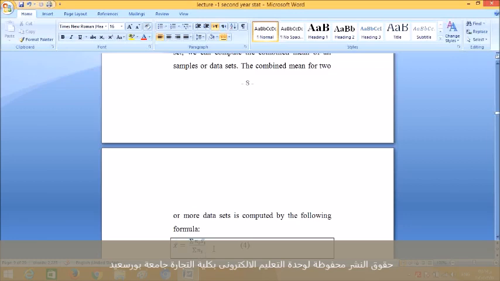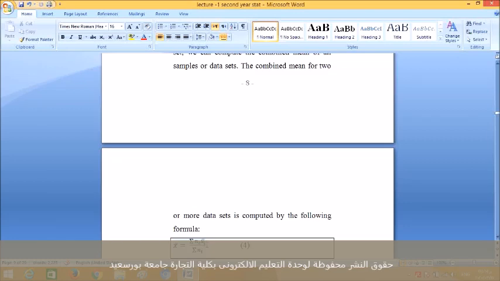So this formula looks like the formula of the weighted mean, but here x bar i is not an observation. X bar i is a mean of a sample.